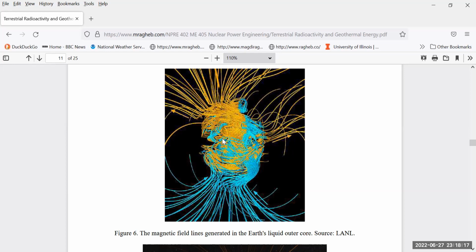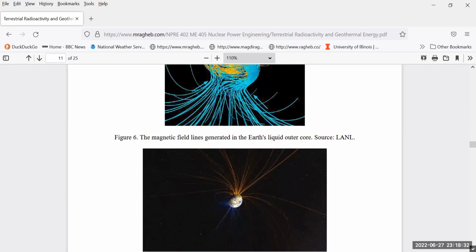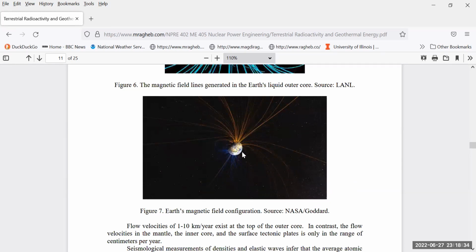So in fact, the north pole on your compass is pointing to the South Pole of the Earth. So the designation should be south and north, but people still call it north and south in general. So the Earth's magnetic field in space goes to very large distances away from the Earth.